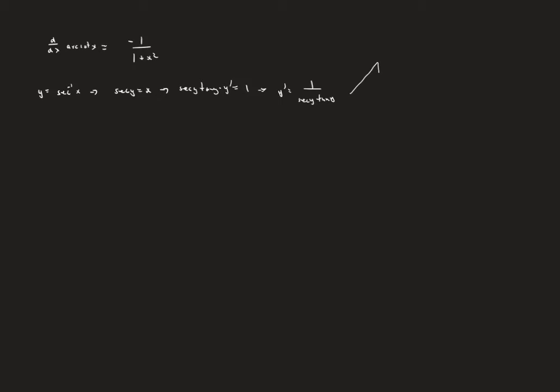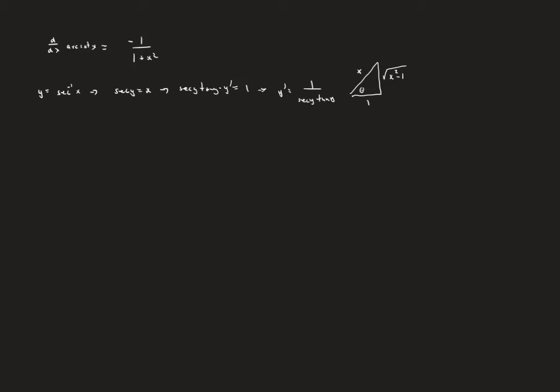So let's draw our reference triangle, and we started with an inverse secant of x, so that's an angle whose secant is x. Cosine is adjacent over hypotenuse, so secant is going to be hypotenuse over adjacent. And when we do that, we get for this side the square root of x squared minus 1. Notice the setup is a little different than it was earlier with the inverse sine and the inverse cosine.